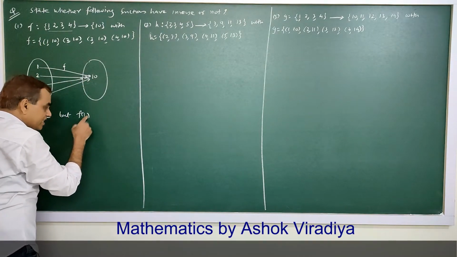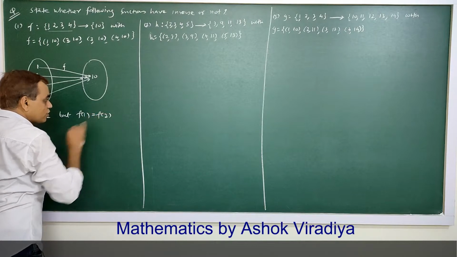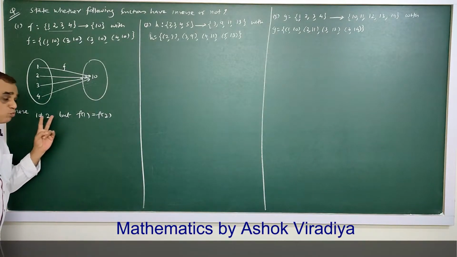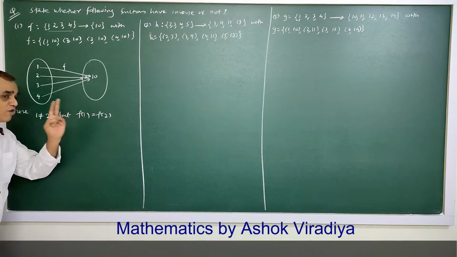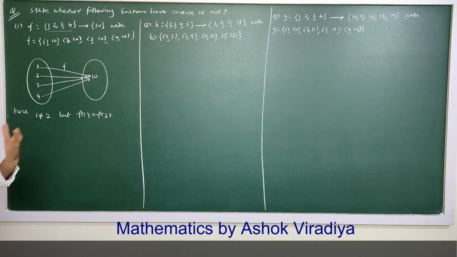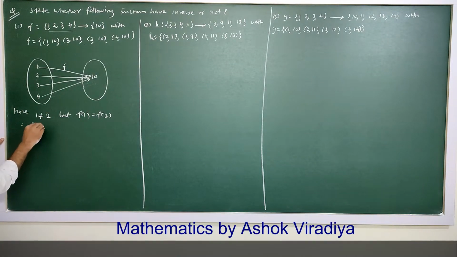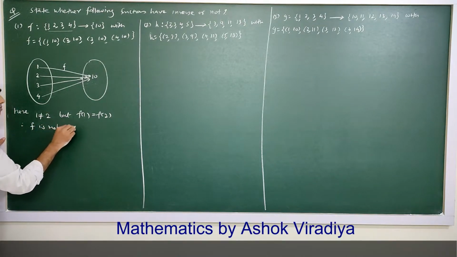So f of 1 is 10, f of 2 is also 10. x1 not equal to x2, but f of x1 equal to f of x2. If we can show this statement for at least one pair of numbers, then it's sufficient to say that the function is not 1-1.